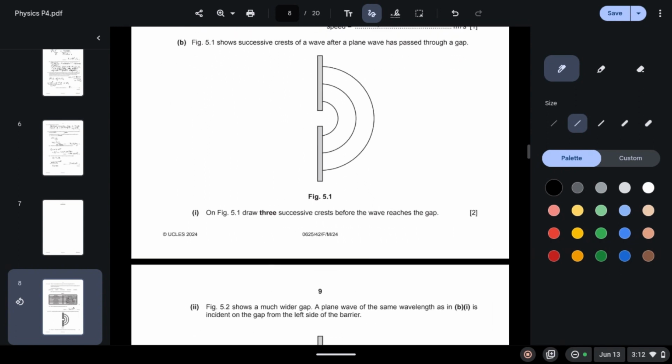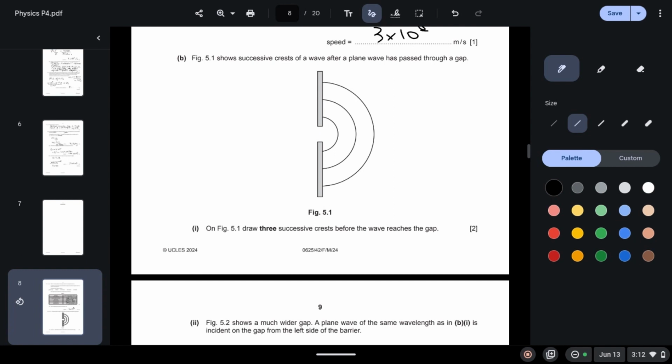Figure 5.1 shows successive crests of a wave after a plane wave has passed through a gap. On figure 5.1, draw 3 successive crests before the wave reaches the gap. So they have shown us the diffracted waves. We have to draw the waves before they were diffracted.